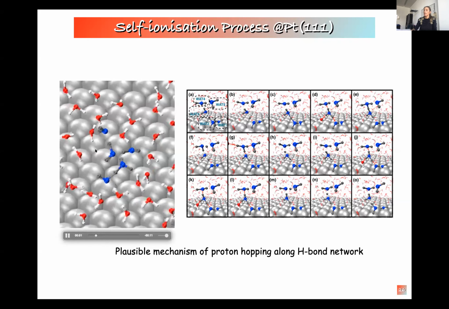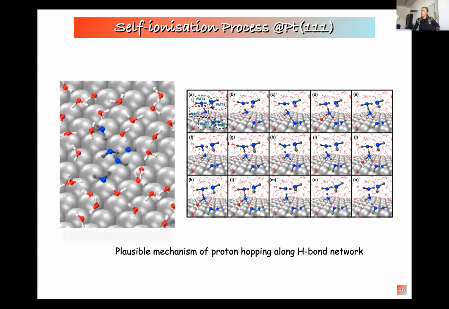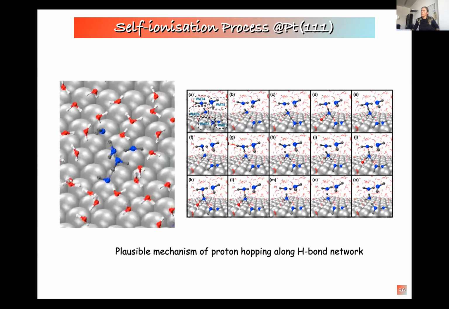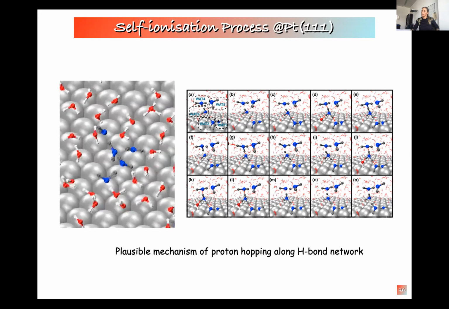Here are some relevant snapshots from a little movie. First you have adsorption of one molecule at the surface. Then this molecule starts forming some complex with the neighboring molecules.